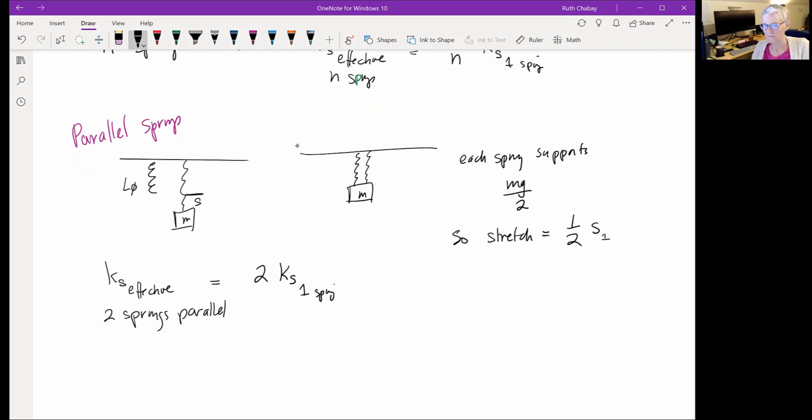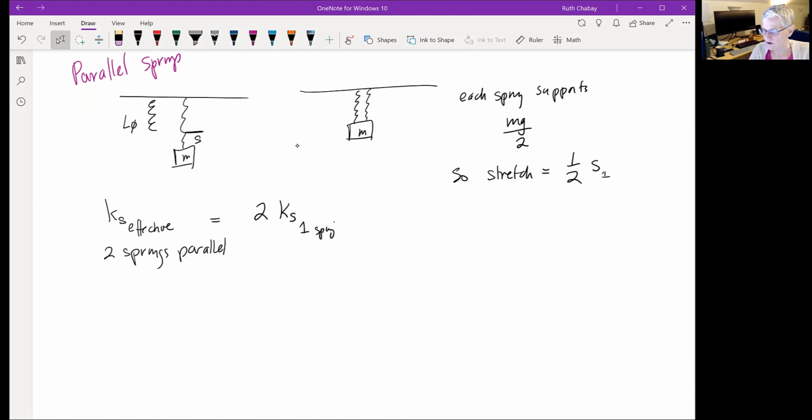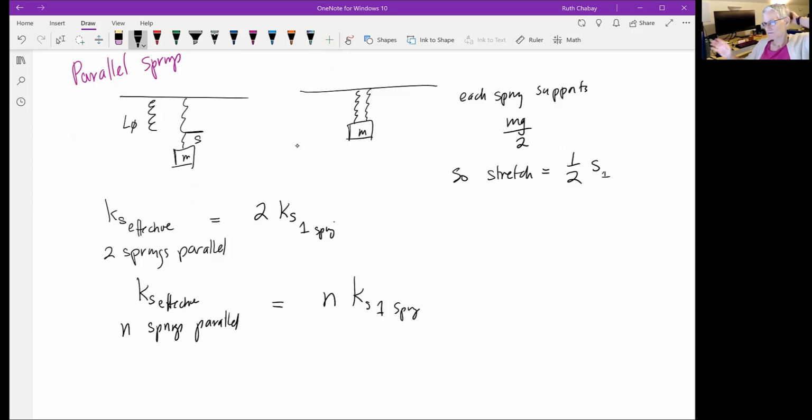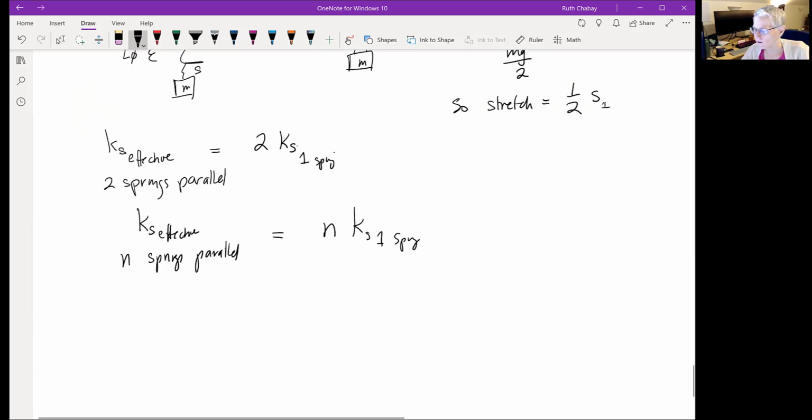And the more springs we put together, that's going to be the same, so that we'd say for n springs in parallel is equal to n times the spring stiffness for one spring. There are some similar mathematical relationships in circuits, and we'll talk about those next semester.